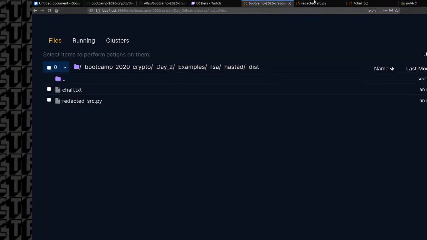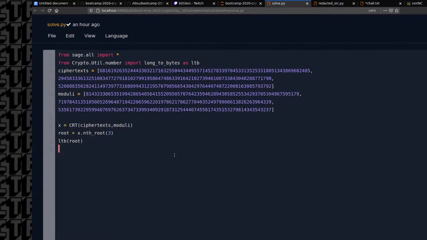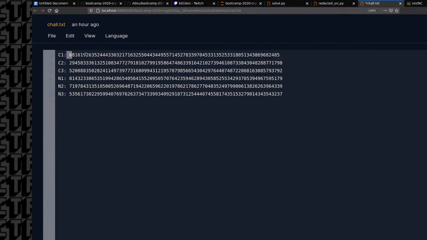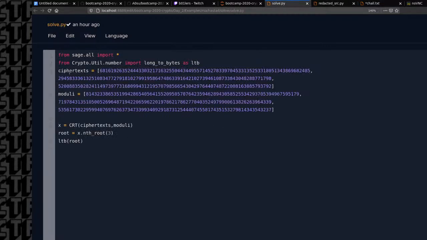The way that we do that is we take the grouping of all 3: C1 to N1, C2 to N2, C3 to N3. That's what I've done here. I've created 2 arrays. What we can use is called the Chinese remainder theorem, or in Sage, the CRT function.